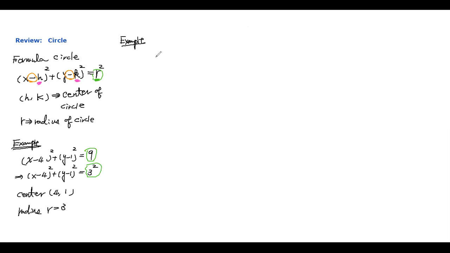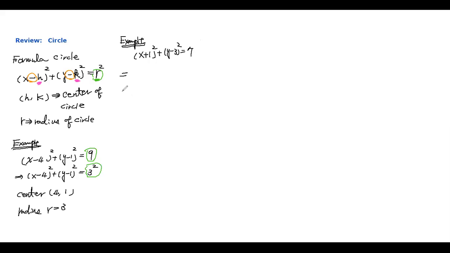Now let's take a look at another example, just to make sure you understand the formula for the circles. If I have (x plus 1) squared plus (y minus 3) squared equals 25, let's make it a little bit harder, and say it is 7 here. The first thing I want to find is the center.